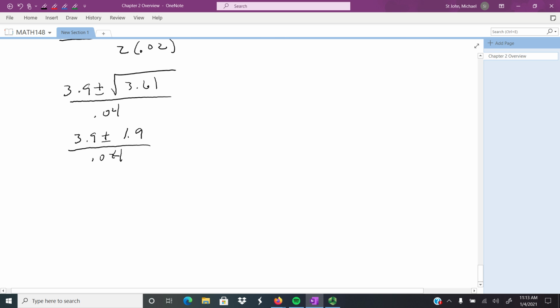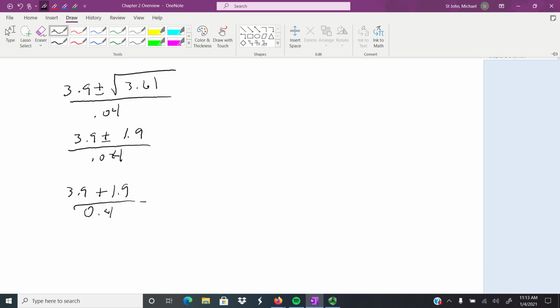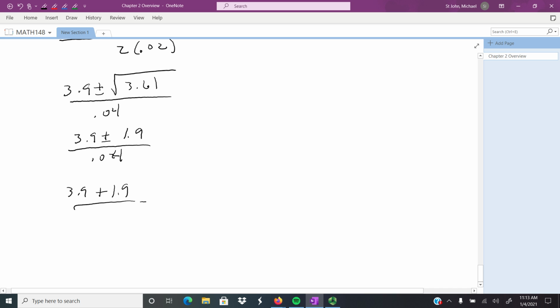And so now we get 3.9 plus 1.9 over 0.04.